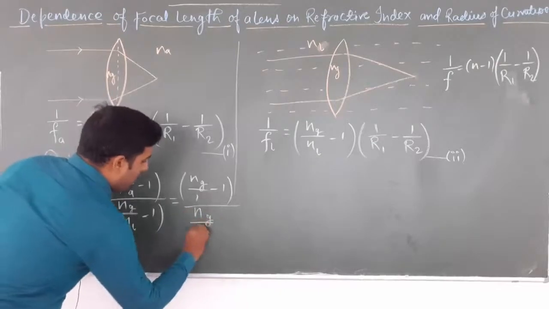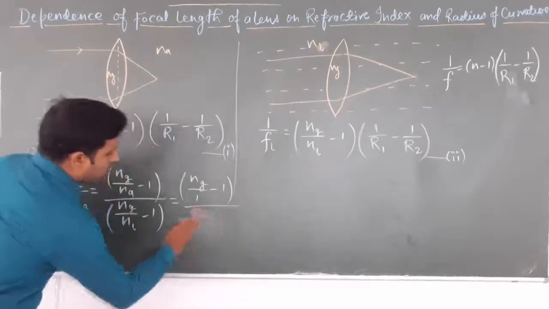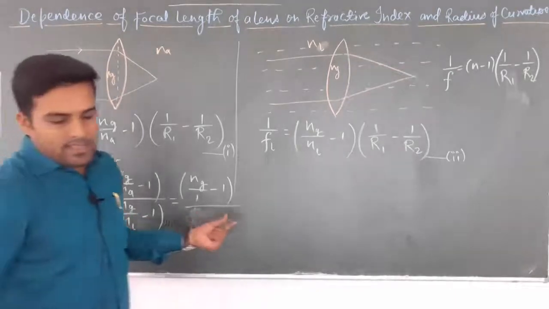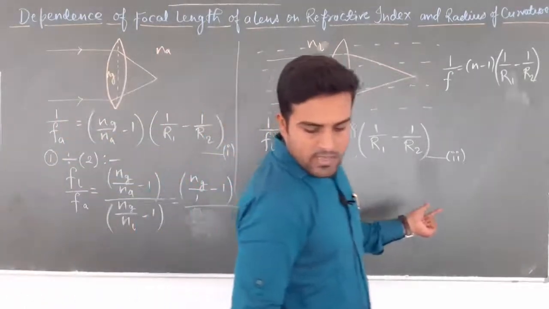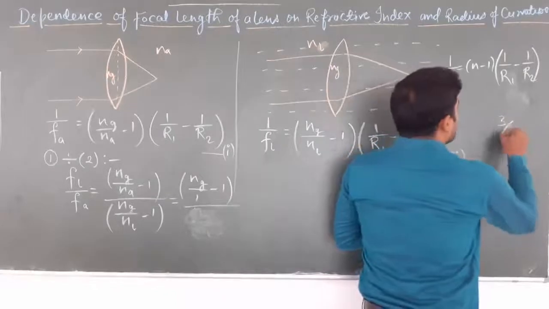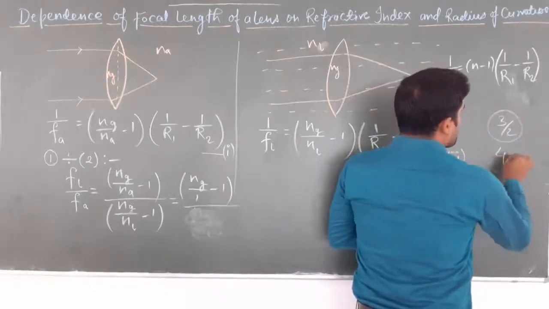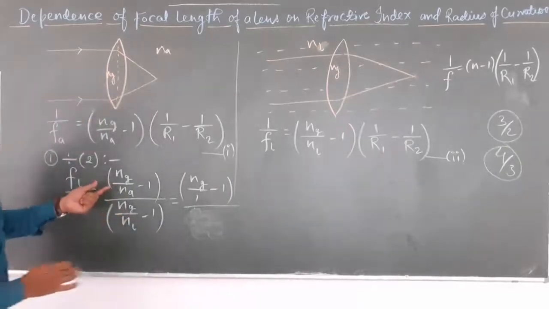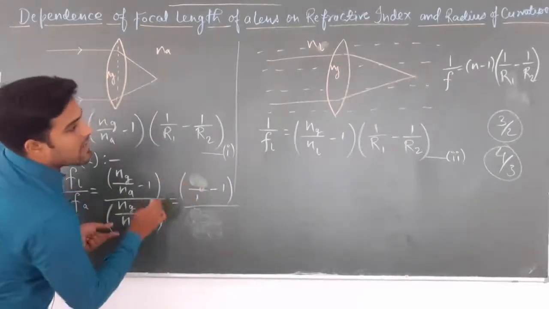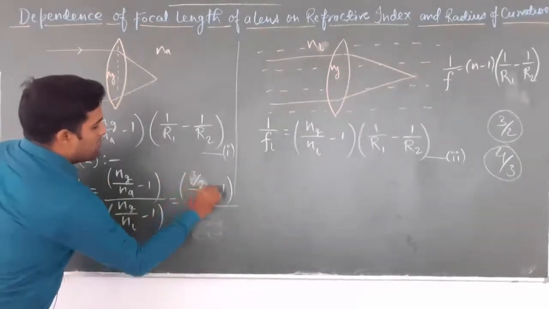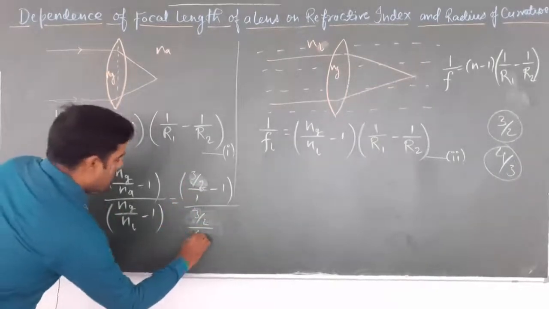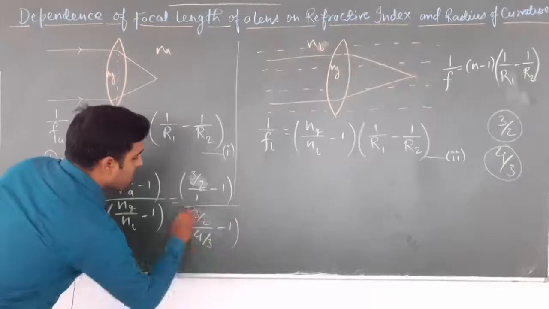(Ng upon Nl minus 1). One more thing: if I consider the refractive index of glass as 3 by 2, as you all know, and water as 4 by 3, then I put these in this equation: 3 by 2 minus 1 upon 3 by 2 upon 4 by 3 minus 1.